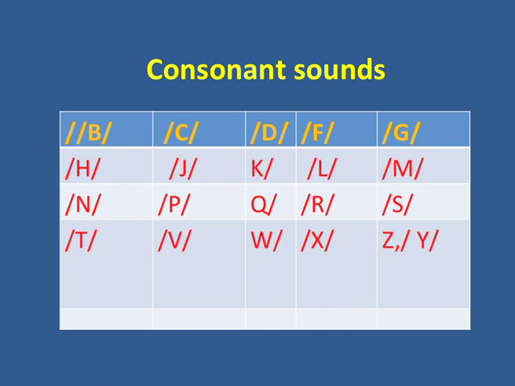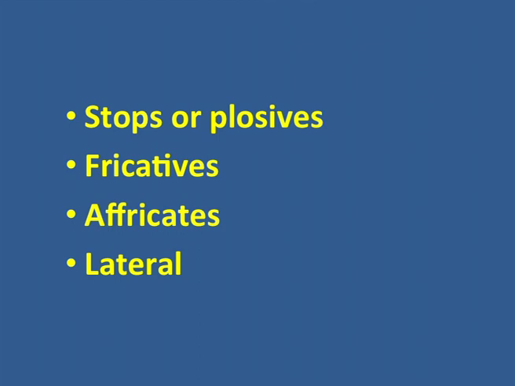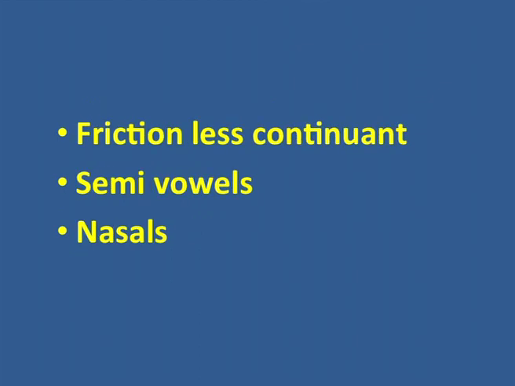Wa, then w, x, xerox, z, y. So sometimes y, w, j we recognize as consonants, but they are also classified as semi-vowels. Consonants are divided into stops or plosives, fricatives, affricates, lateral, frictionless continuants, semi-vowels, nasals.